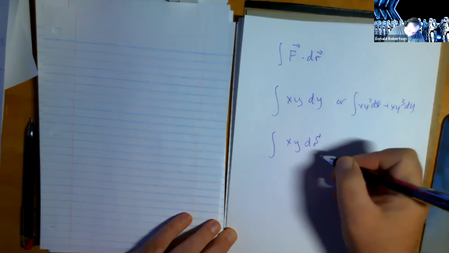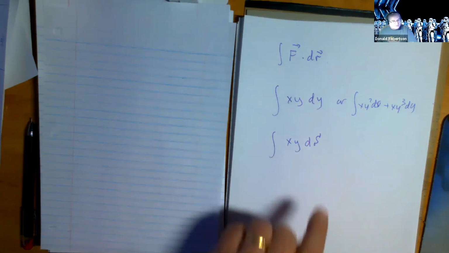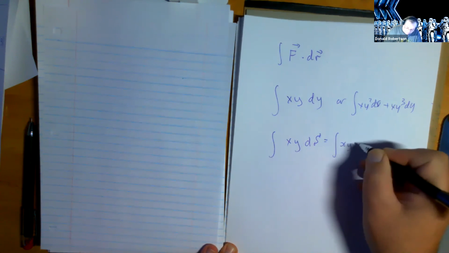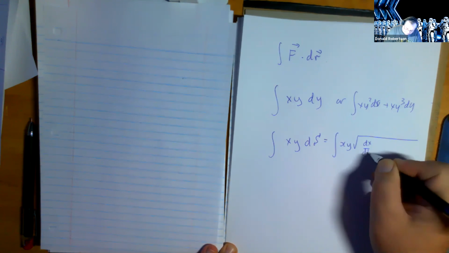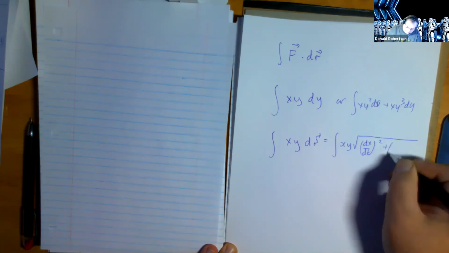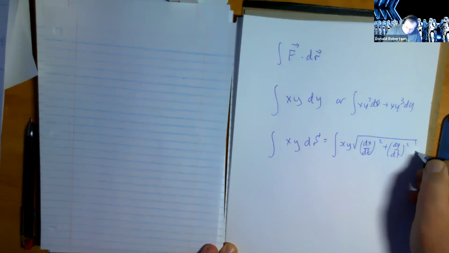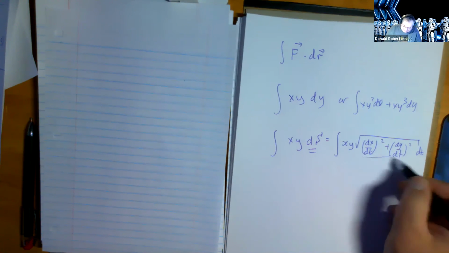Now you notice that they are quite different looking. So hopefully you can see the difference between this, this, and this. When you have a ds, doesn't your formula look like that? This ds is that guy.